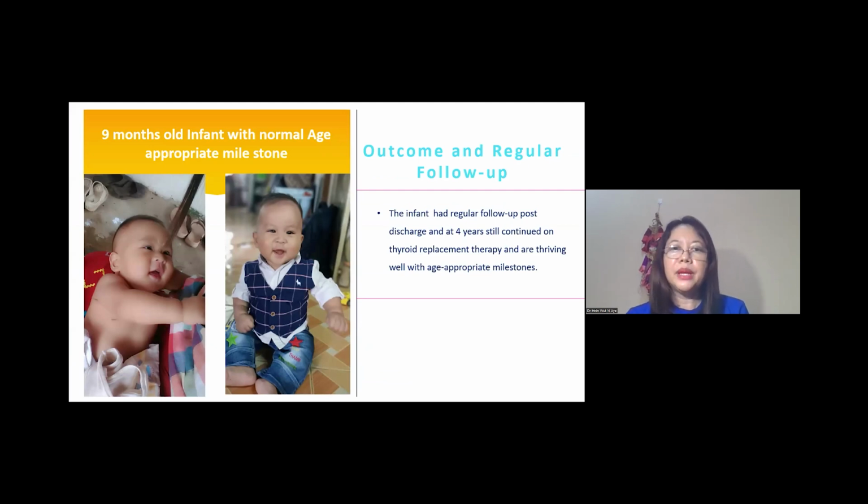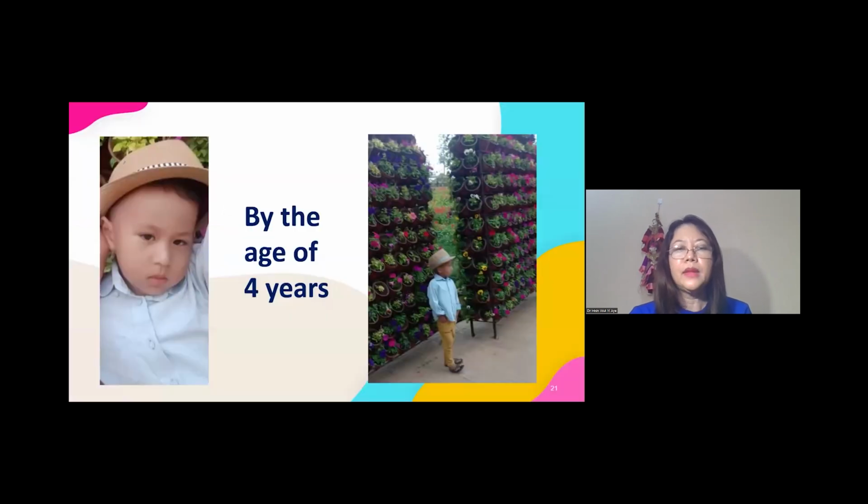And you can see the baby is well, charming, looking well, with age-appropriate milestones, with good intellectual and good neurodevelopmental outcome. So by the age of 4 years, you can see the baby is a very cute boy, and he can do anything well with no mental retardation.